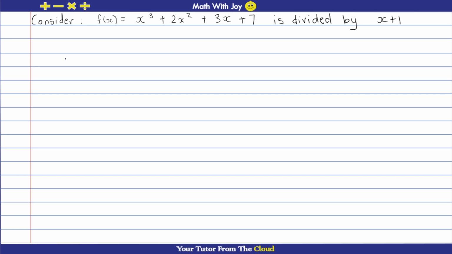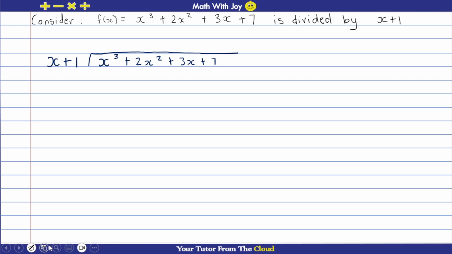So the polynomial that is dividing is x plus 1. We open our house just like we used to do in primary school. Now you put the other polynomial inside here, x to the power of 3 plus 2x to the power of 2 plus 3x plus 7.